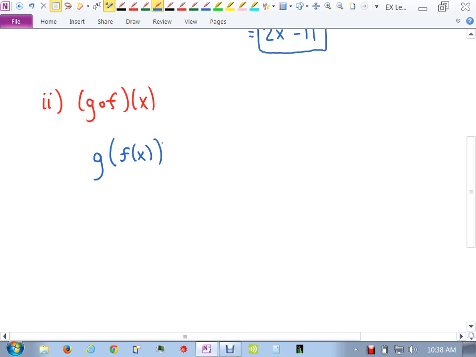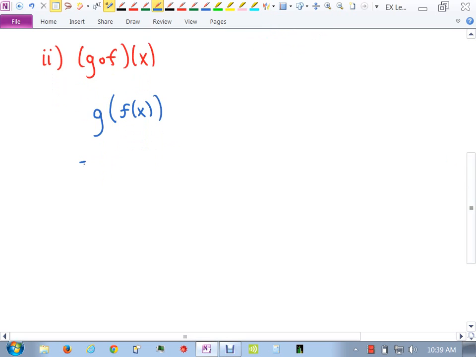You don't have to remember that if you write it on your formula sheet that you're allowed to have on your test, right? But you need to write it down if it's not in your memory somewhere. So by definition, all I'm going to do first is replace the f with whatever f is. 2x minus 3, right?